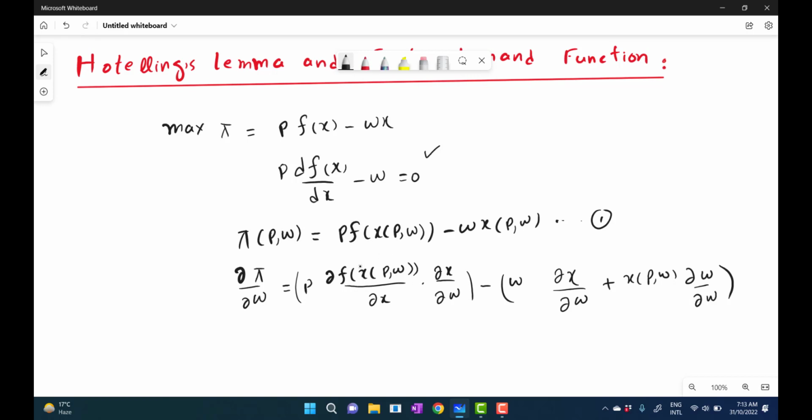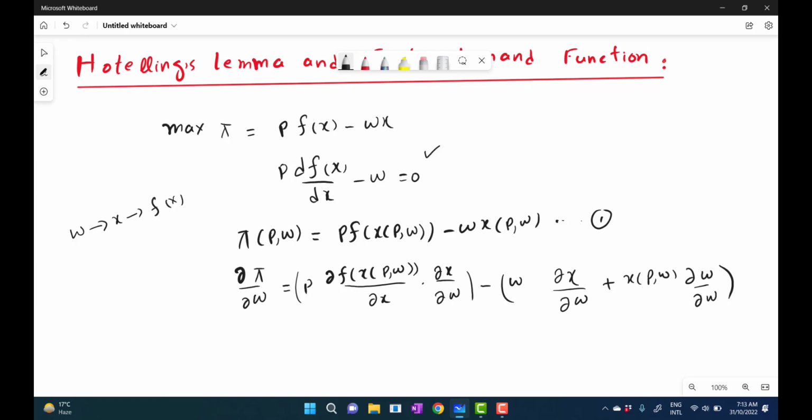actually your production function depends upon x, and x depends upon W. So first of all W will change x, and then x will change your production function f of x.